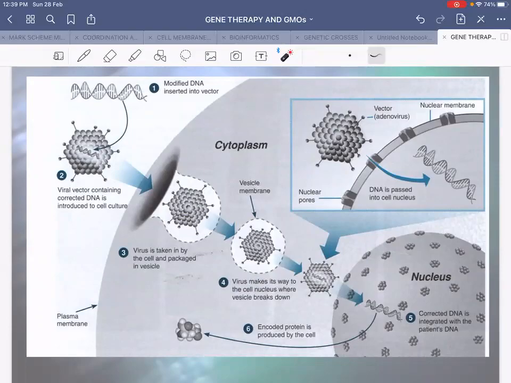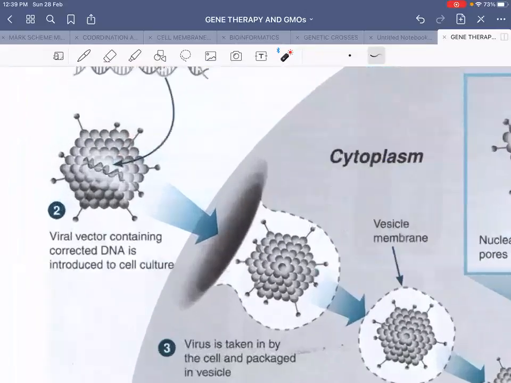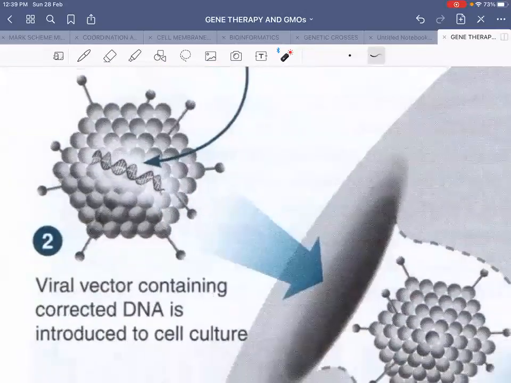On the left-hand side, we begin the journey, the sequence has been numbered over here. It shows you a DNA that has been modified, उसको हमने पहले से ही modify कर लिया है, जैसा modify का मतलब जिस तरह का DNA जो allele हमें चाहिए थी, we have actually obtained that DNA and we have now inserted it into the viral vector. नजर आ रहा है आपको कि इस वायरस के अंदर ये modified DNA, it's there.